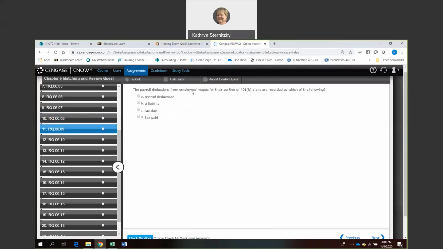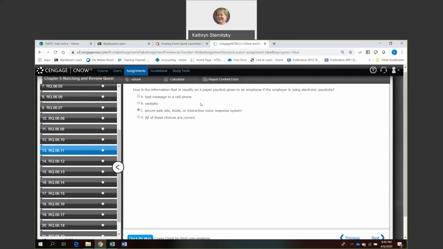The payroll deductions from employee wages for their portion of 401k plans are recorded as a liability. Employees who do not have bank accounts may be paid by the employer who uses some type of electronic funds transfer system, they would be using a pay card.